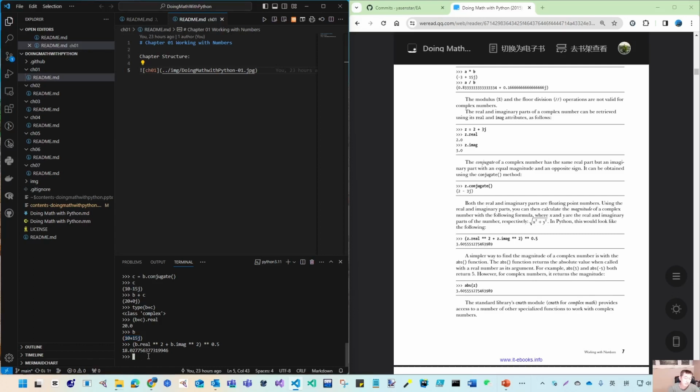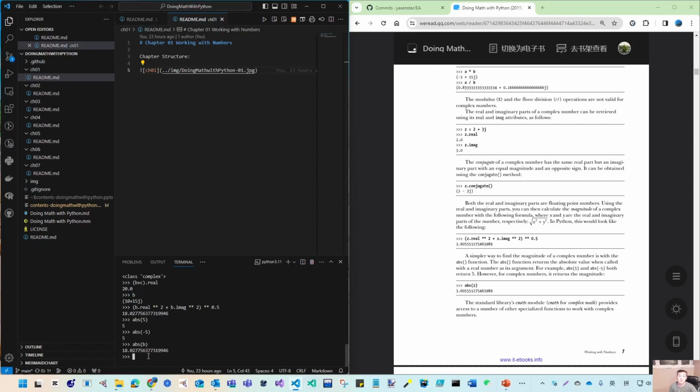So if I call abs of 5, it returns 5. abs of minus 5 returns 5. But those are for real numbers. For complex numbers, you can see they return the magnitude. So those are the demos.